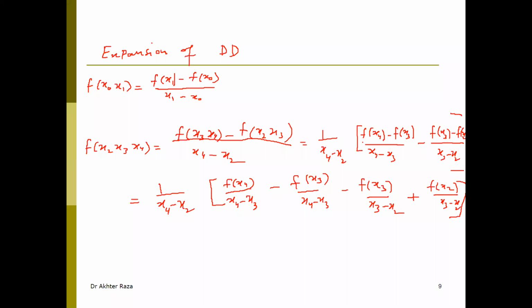Now this can be multiplied by here f(x4) divided by, because this is multiplied by this, x4 minus x2 and x4 minus x3, minus f(x3) divided by x4 minus x2 and x4 minus x3.